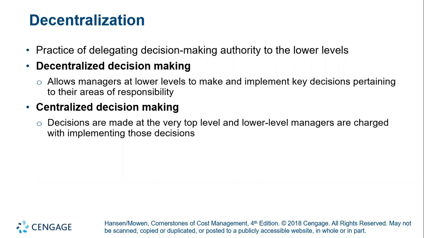Now, for example, in budgeting, if you are following decentralization in every level, like the marketing department, the production department, they will prepare their own budgets and send it for approval by the higher management. Now, in other words, the budgeting process is called bottom up.